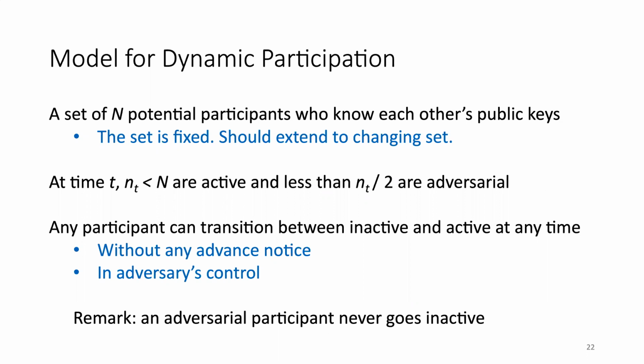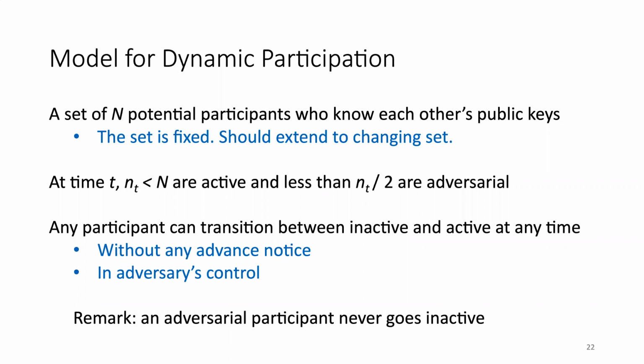So the adversary can decide to put anyone to sleep or wake up anybody according to its strategy. If participation of regular participants declines, adversarial participants also have to do the same somehow, right? That's a great question. I have a remark there that for now we're assuming an adversarial participant does not go inactive.